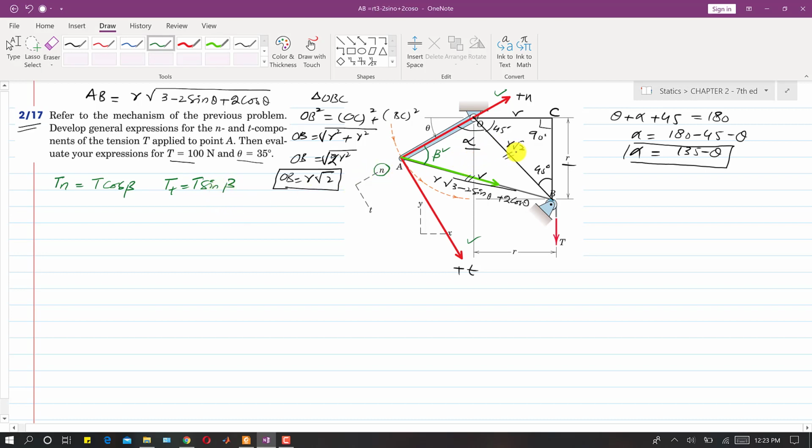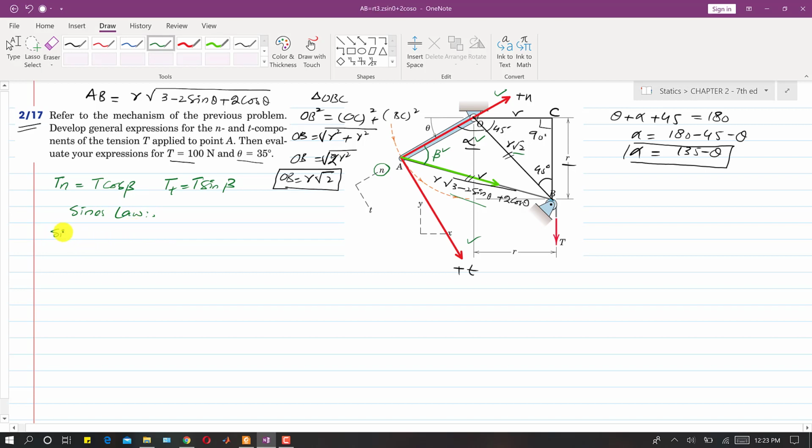So now we need to find this beta angle. We know this length, we know this length, and we know one angle, this angle, right? So we can apply the sine law.